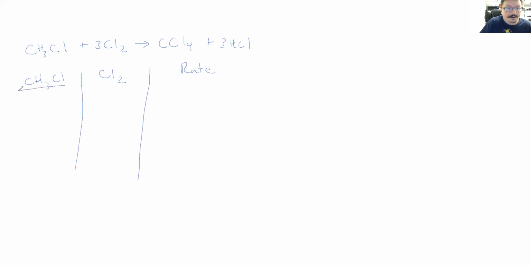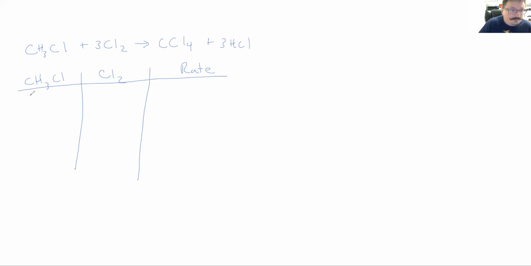So if we have this reaction right here, we essentially set up multiple reaction vessels. So what we're doing is starting with differing concentrations of those reactants and monitoring how they affect the rate, or the initial rate.